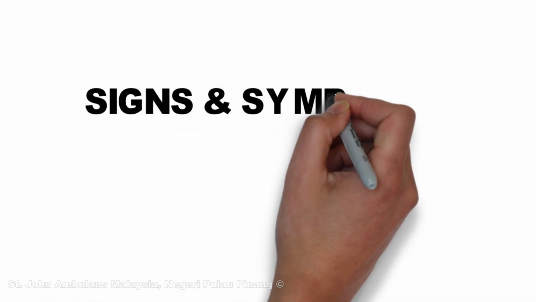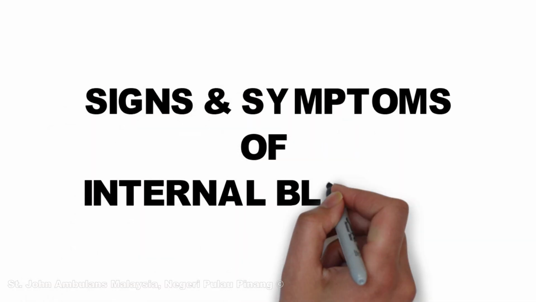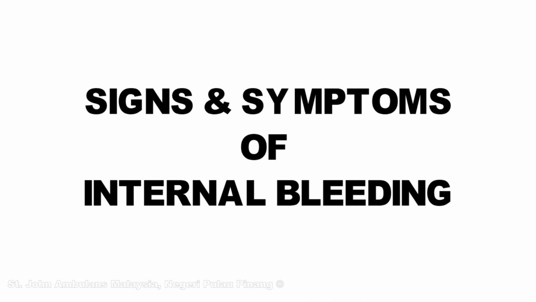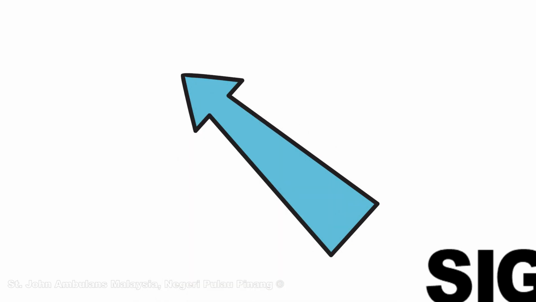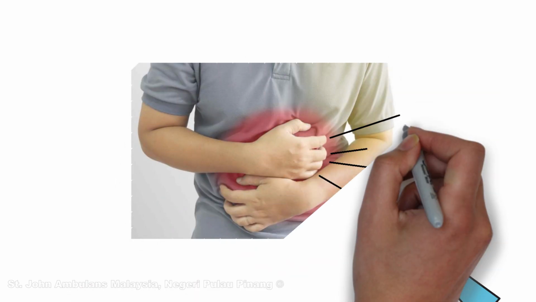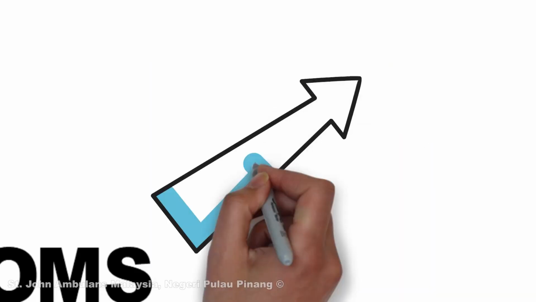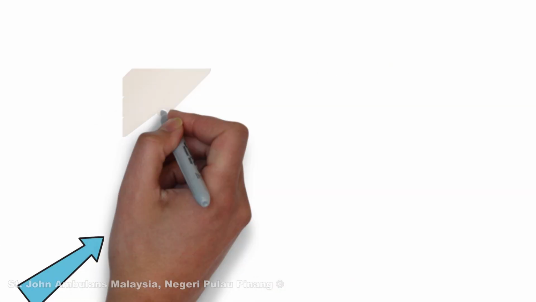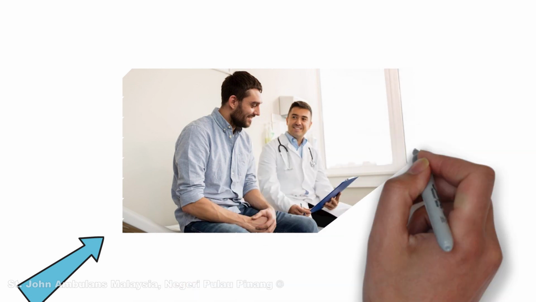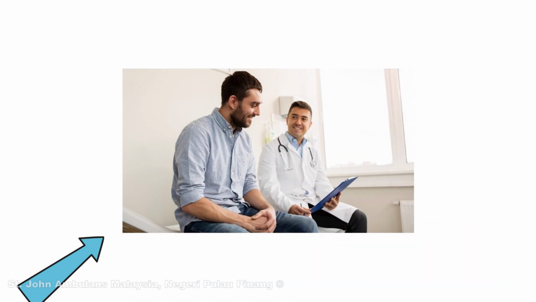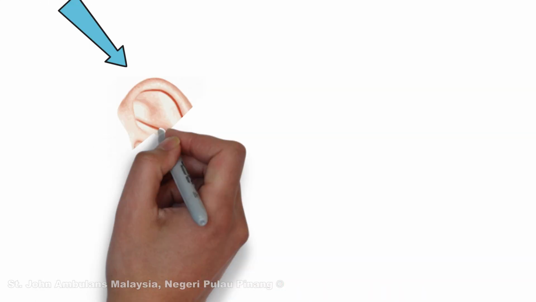A casualty presenting with internal bleeding may present with the following signs and symptoms. Firstly, he may be complaining of pain over the site with suspected internal bleeding. Information from the casualty about recent injury, illness or operation may give a clue about the site of internal bleeding.